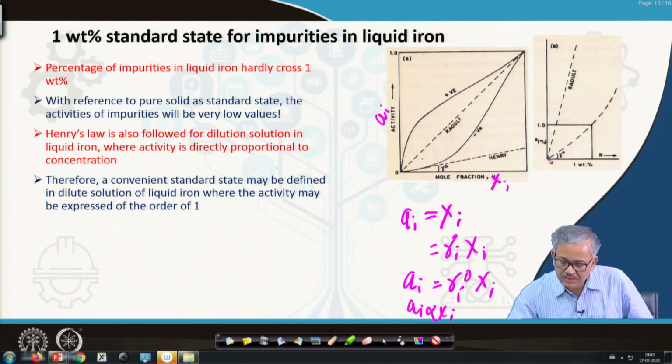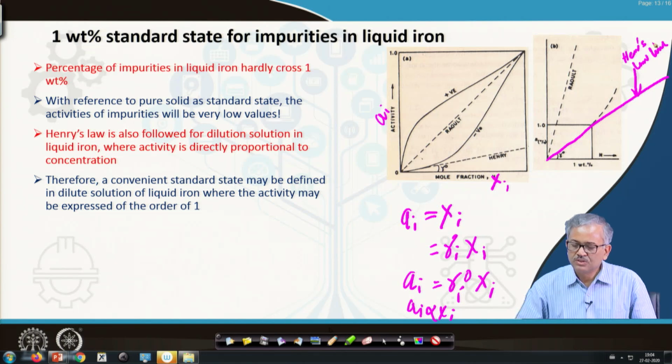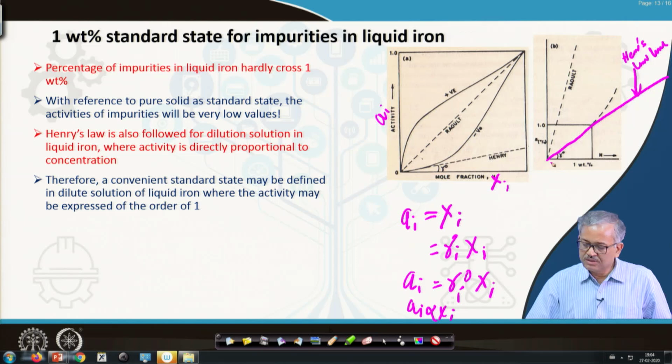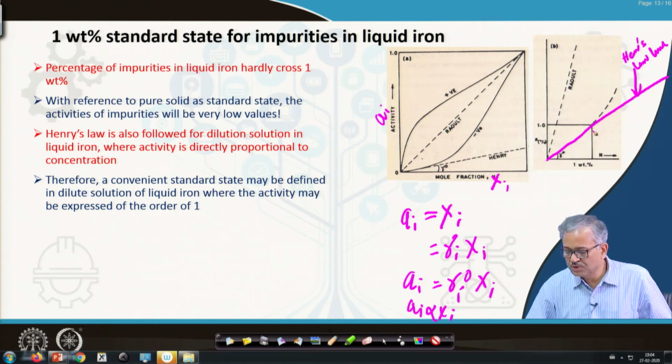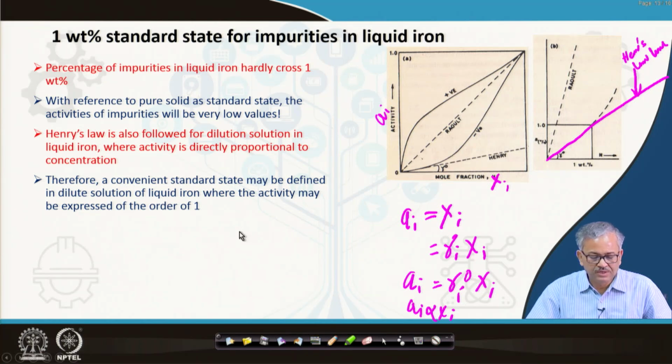If you consider that Henry's law is valid up to this point, up to 1/8%, I can define a scale where the 1/8% standard state applies.